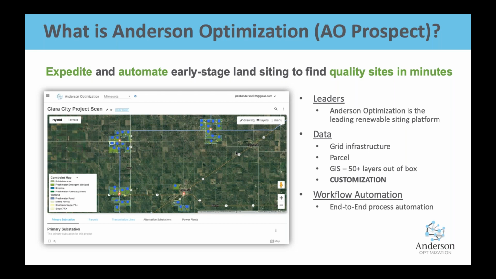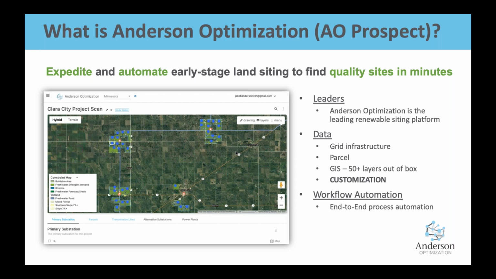Our platform helps developers go from having a general area of interest in mind all the way down to having a short list of quality opportunities with all necessary outputs, including constraint maps, buildable area calculations, and contact reports, so that you can quickly move into your next phase processes, regardless of your technical background. We've quickly become the leader in this space over the past 2 years. As I mentioned, we're working with many, if not most, of the biggest developers in the industry.